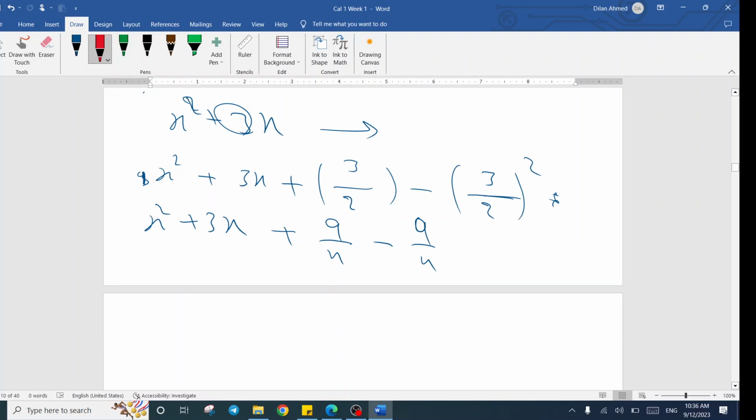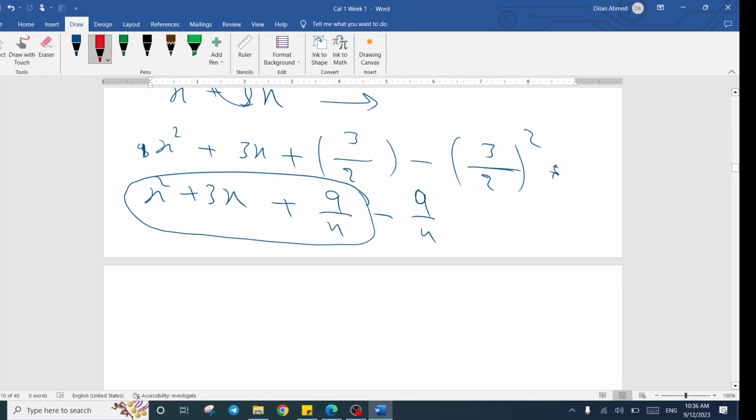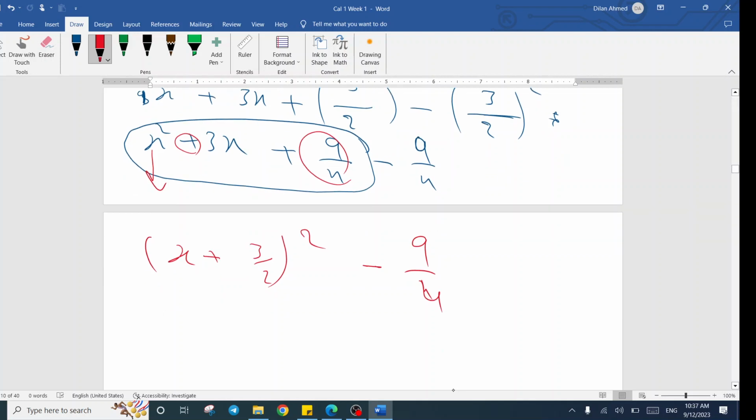So we will take these three and get a complete square: the square root of here, positive, put it here, and minus 9 over 4. Clear? Any question? Now I changed the x part to a complete square.